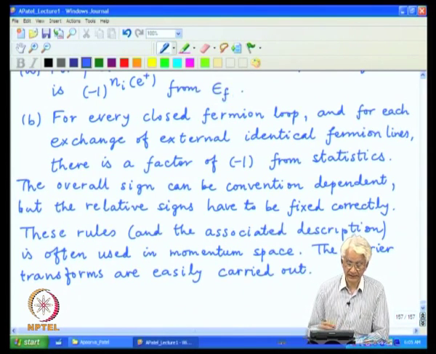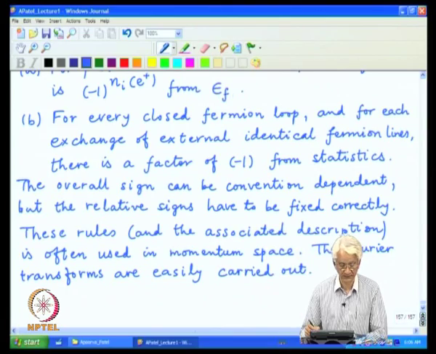And then one can combine these various factors of e raised to i p dot x, which accumulate at every vertex from the position of the vertex itself, as well as all the propagators as well as external lines that may be connected to a vertex, and one has to do an integral over the position of the vertex, which can now easily be done in a rather trivial fashion.